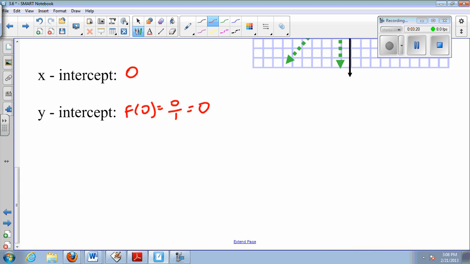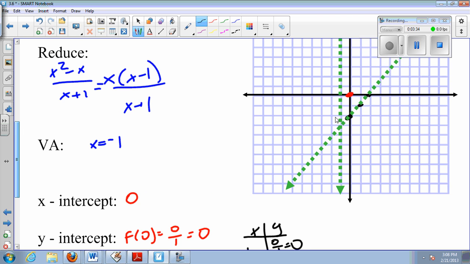So when we make our table, we're going to go 1, 2, and 3. If we plug in 1, it goes 0 over 1, which is 0.